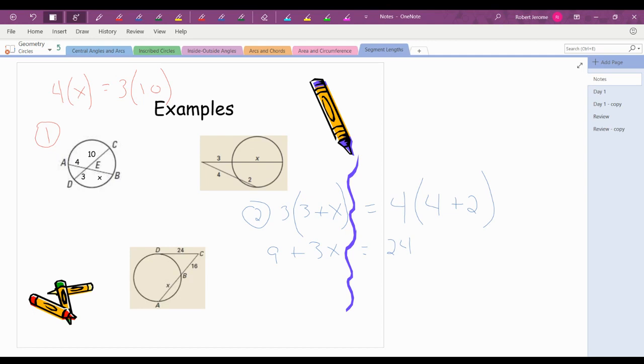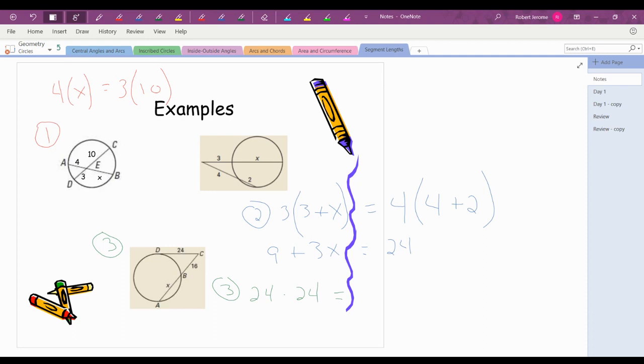Okay. Let's look at our third example, in which we have a secant and a tangent. So for the tangent, we're going to take our tangent and multiply it by itself. So 24 times 24.